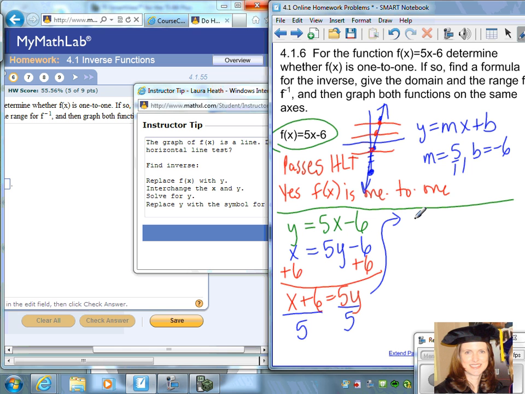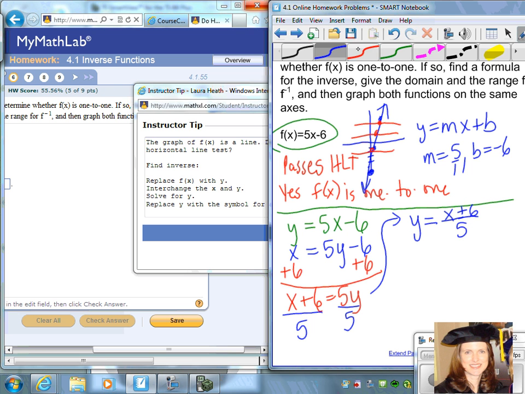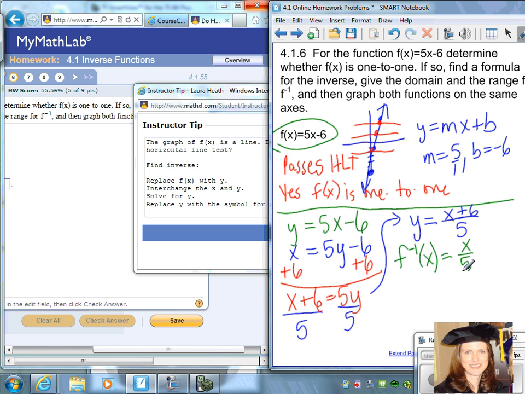Let me write that answer up here. I get y by itself equals x plus 6, that entire quantity over 5, or you can break it up into 2 fractions here. And the last step is to replace y with the symbol for the inverse function. f inverse of x is equal to, we can write this as x over 5 plus 6 over 5.